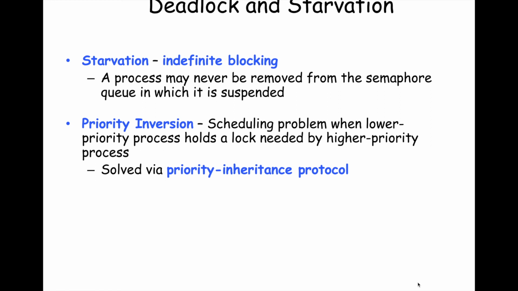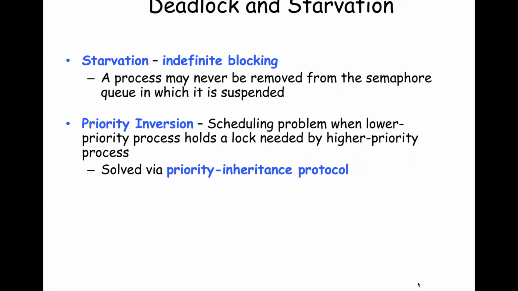And then there's also something called priority inversion. Let's say you have a bunch of locks and your processes or threads have different priorities. By nature of how priority scheduling happens, there's a preference in the scheduler for the higher priority process or thread.